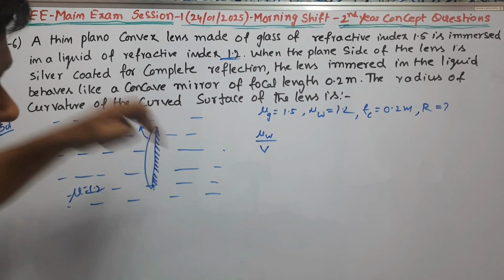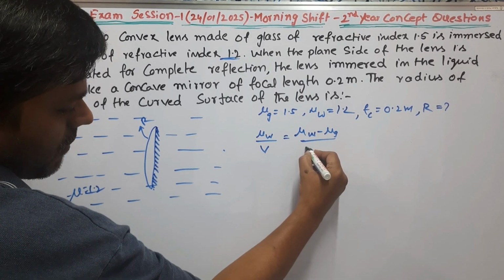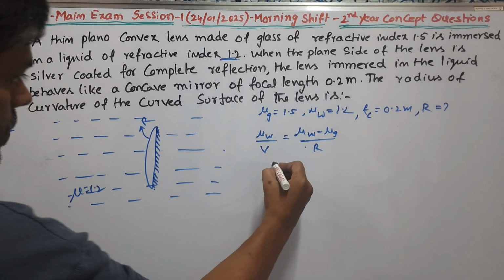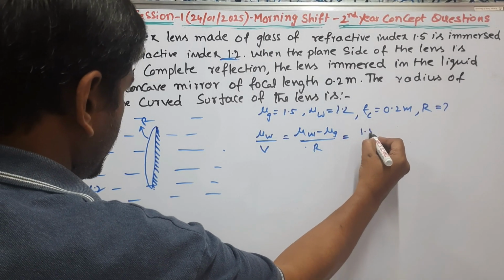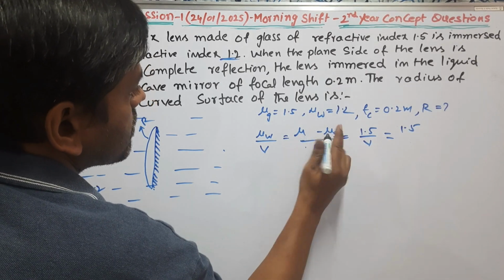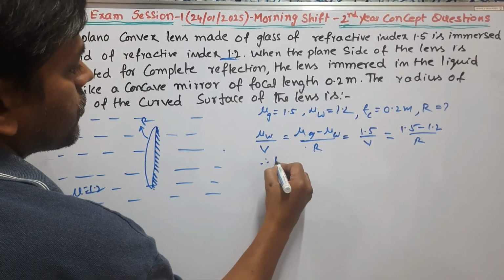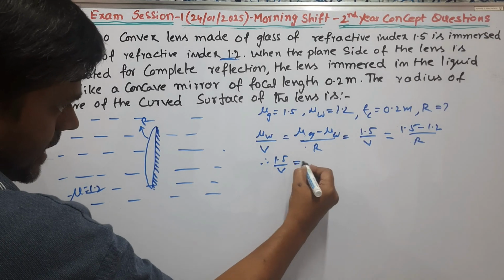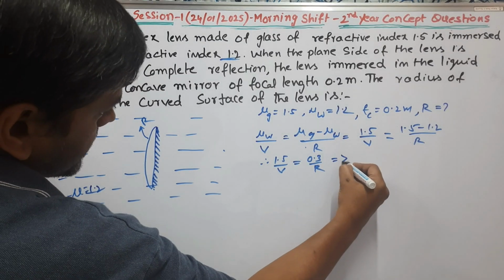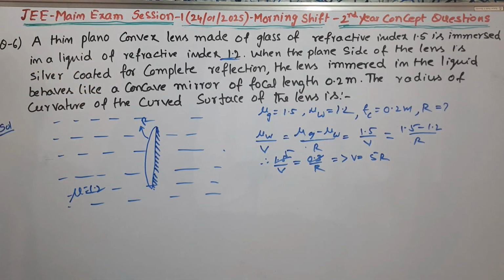So refractive index of water by V, the image distance V, is equal to (mu W minus mu G) by R, where R is the radius of curvature. So mu G by V is equal to (mu G minus mu W) by R, that is 1.5 by V is equal to (1.5 minus 1.2) by R. Therefore 1.5 by V is equal to 0.3 by R. That implies V is equal to 5R.